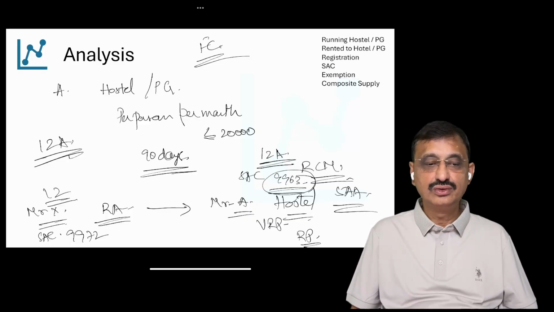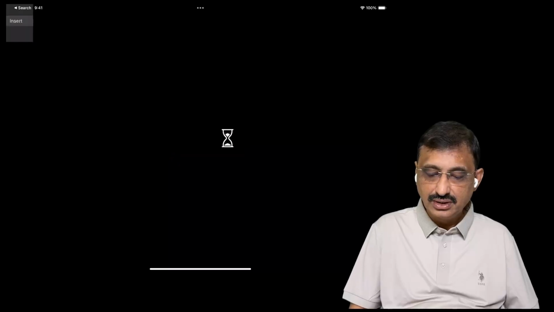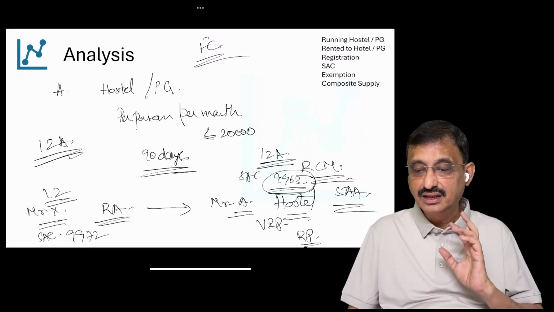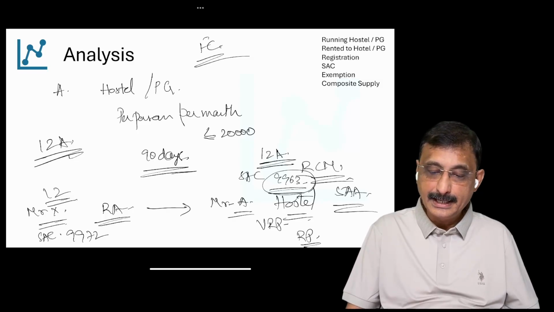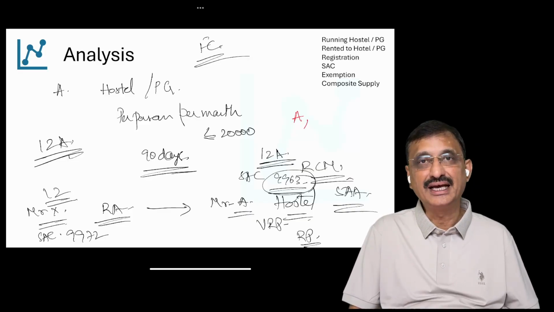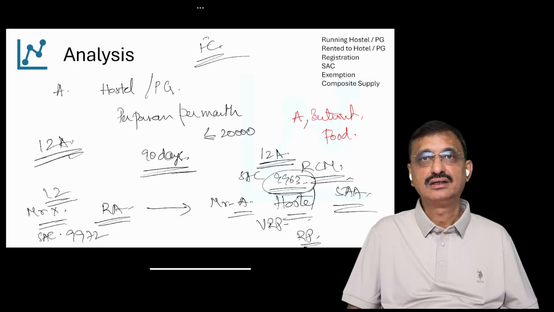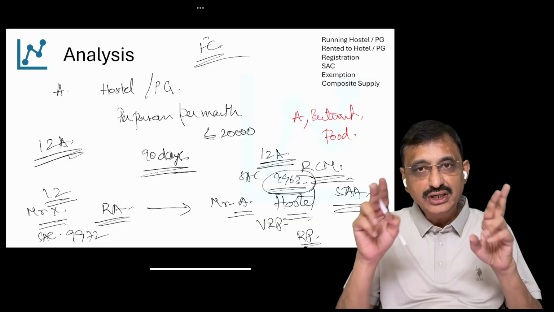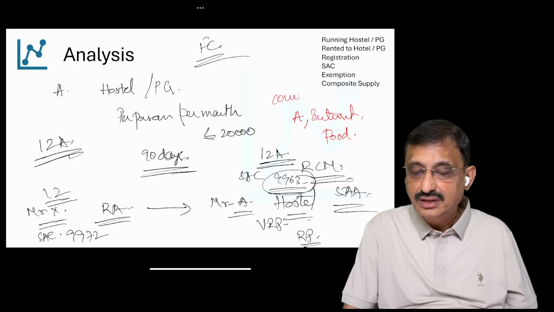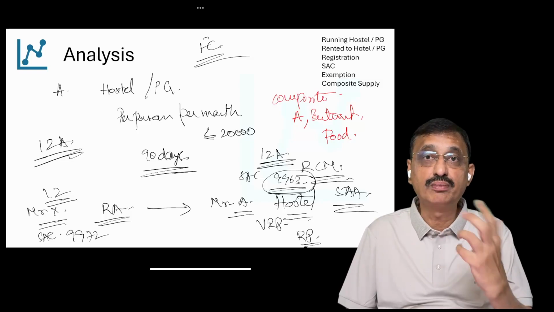Okay. Now, sometimes what will happen is, suppose this person who is running the hostel may also, along with accommodation, supply internet, food, etc. In such a case, the total money received for all these supplies will become a composite supply.